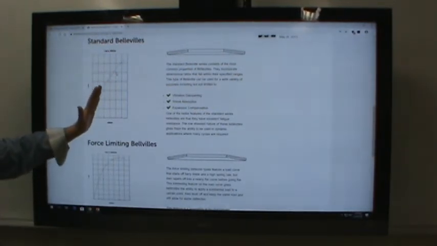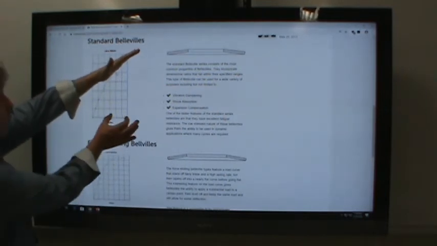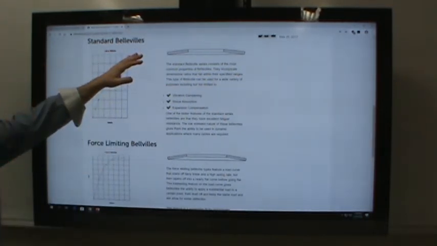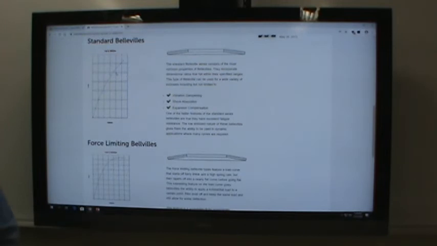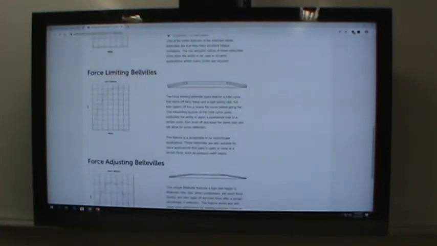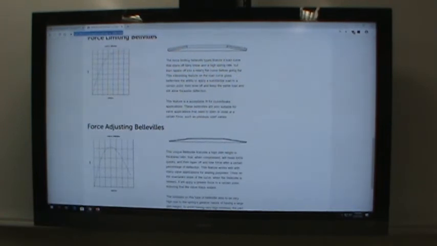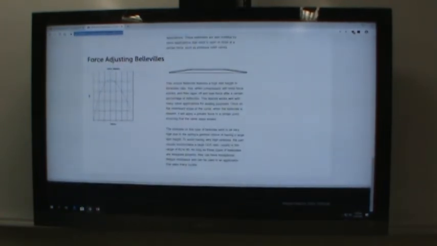And so if the slope goes down, that means you get more deflection for less force. So it's degressive instead of progressive. Yeah, you're right. Force limiting, I didn't even know they had this. I'm glad we looked this up. We'll include this as a link in the slides. So eventually it looks like it gets to a certain point and the force no longer increases. Force adjusting, that's interesting. Let's see.